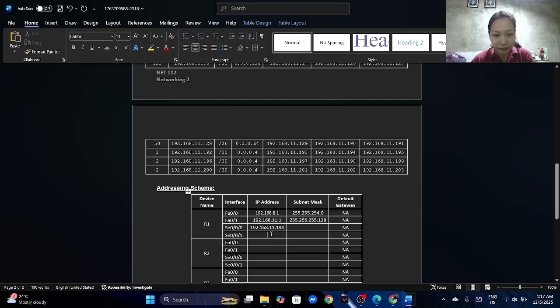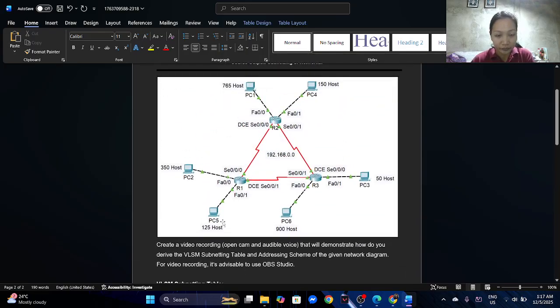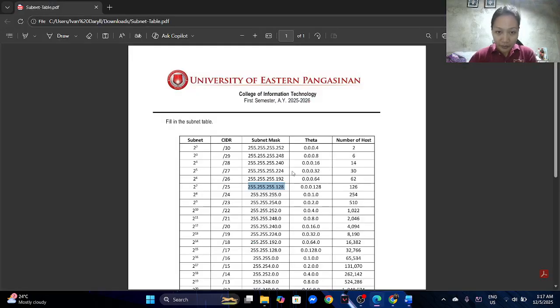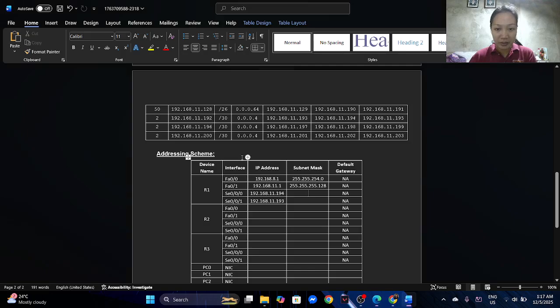And since serial 1 is DCE, gagamitin natin yung first usable IP, which is 192.168.11.193. SE0 is CIDR /30, so the subnet mask will be 255.255.255.252.